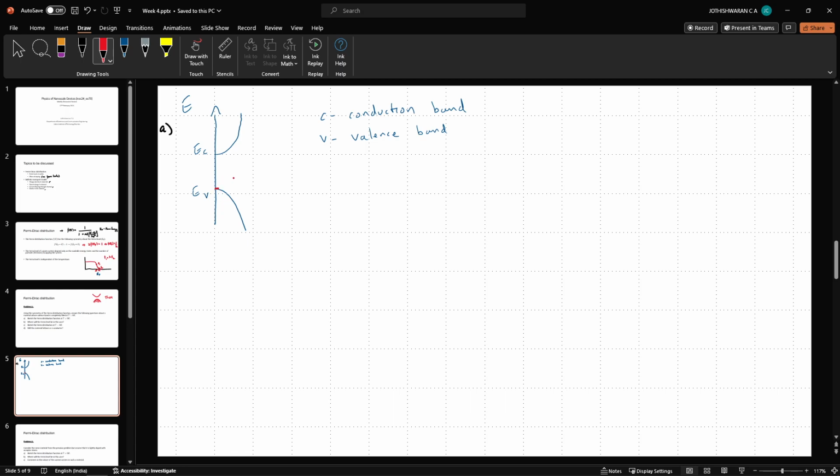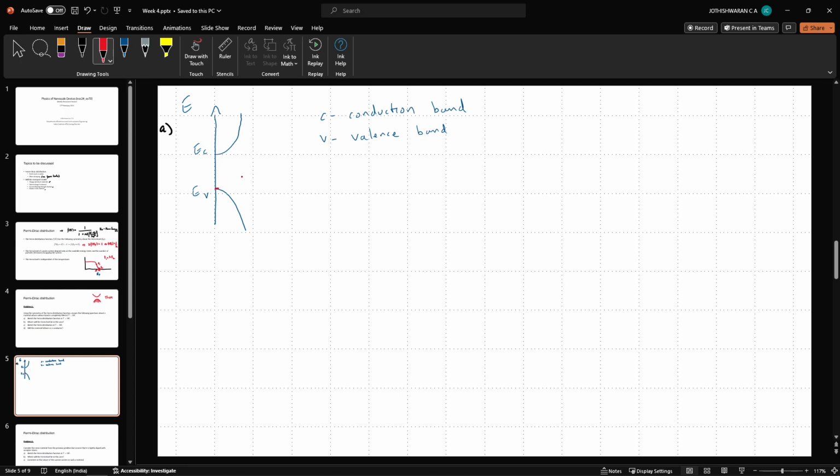To arrive at that, we have to notice that in a solid, all energy levels are not permitted. The electron can have energy EV, and after that it needs to gain the band gap energy delta E, or EC minus EV, to go to the conduction band. All the other intermediate energy levels are forbidden in the system.